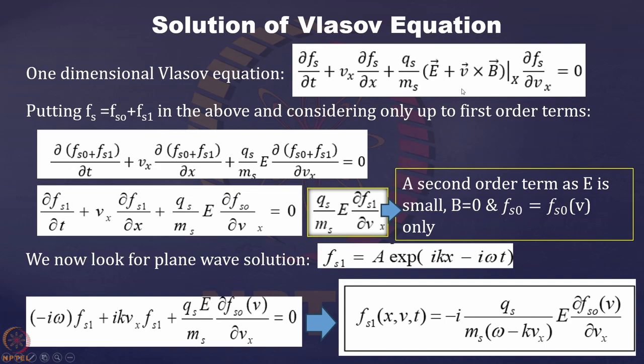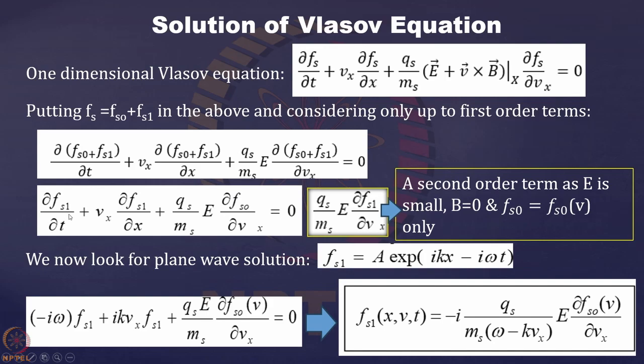So we started with the Vlasov equation. The right side term was a collisional term, and we just put that 0. So this is the total derivative, and we put f_s as f_s0, the steady state solution, plus f_s1, the small perturbation in the electric field and in the number density due to the perturbation.